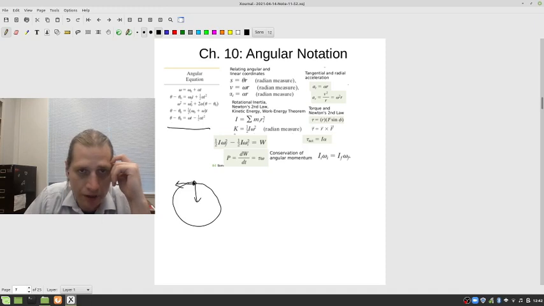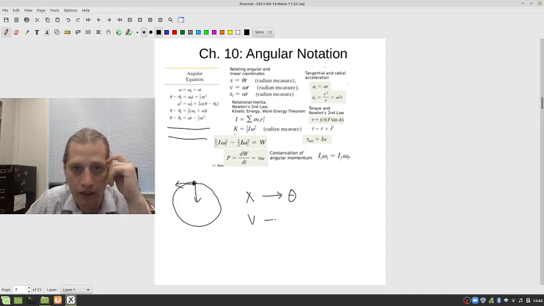And so we copied all of our kinematic equations where we went from x to theta, from v to omega, from a to alpha. And then we were able to copy some of our physics results. Instead of K equals 1/2 mv squared, we use K equals 1/2 I omega squared.